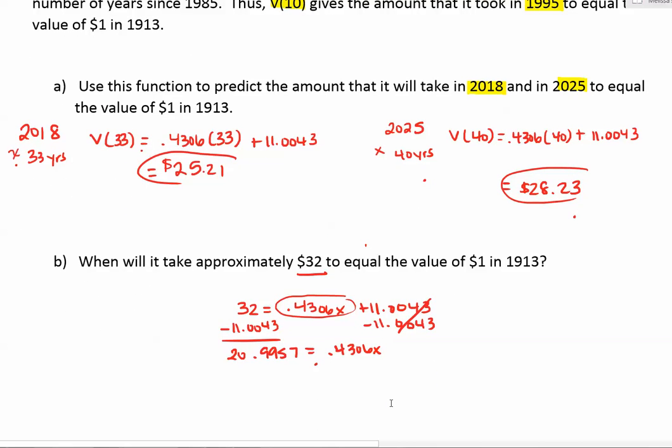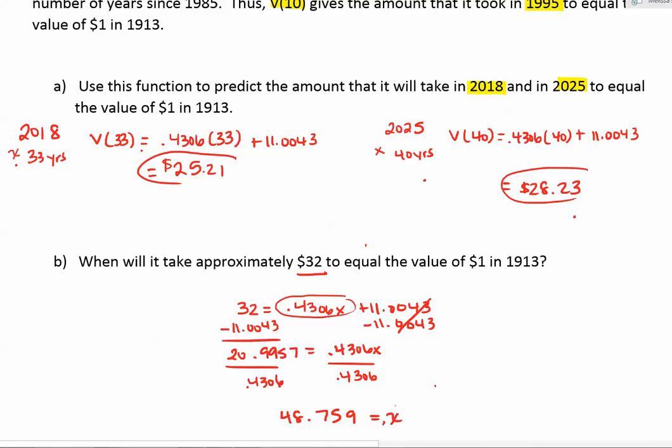And now we want to get x alone, and it's being multiplied by a coefficient, so you divide both sides of the equation by 0.4306. To get 48.759.